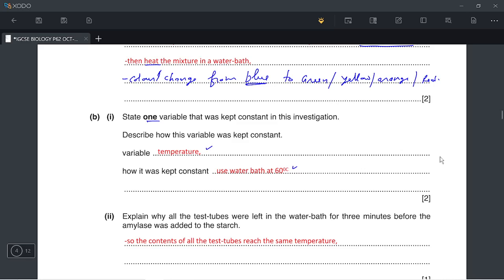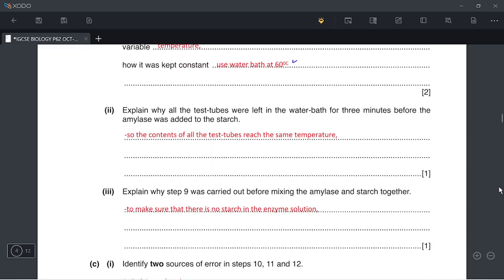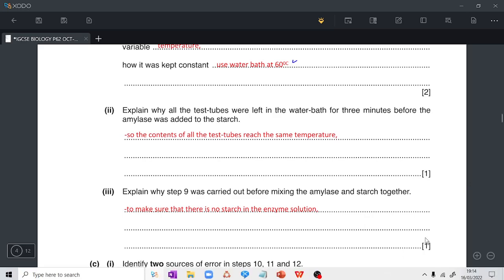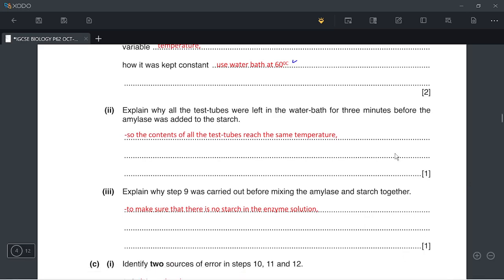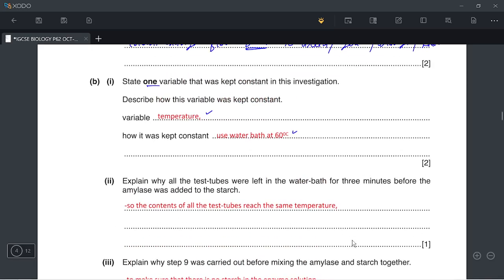Now, explain why all the test tubes were left in the water bath. So we can see there are a number of variables. So we can use the temperature. We can keep it constant at 60 degrees Celsius. Okay. Second, we can write the volume of starch solutions. The same volume was used in each case. Okay.